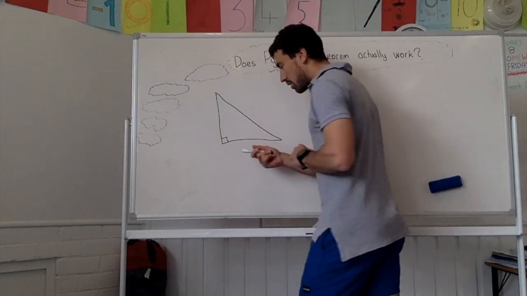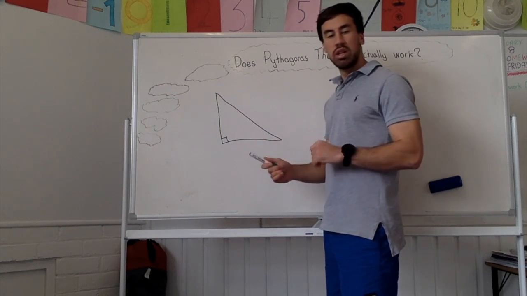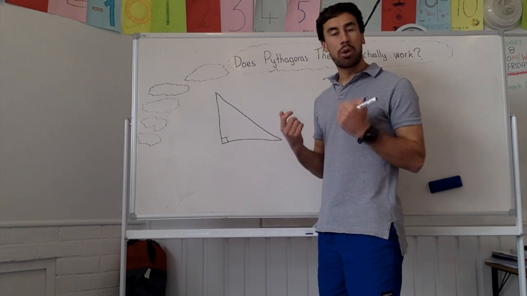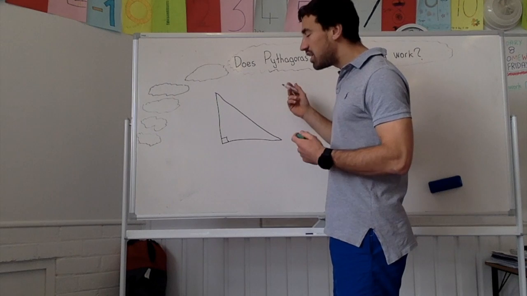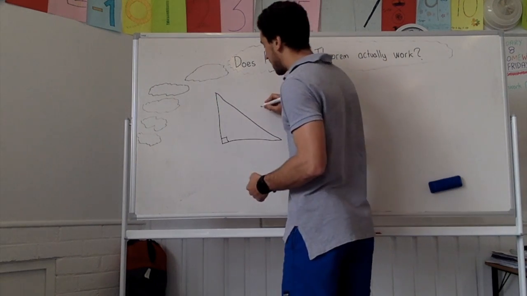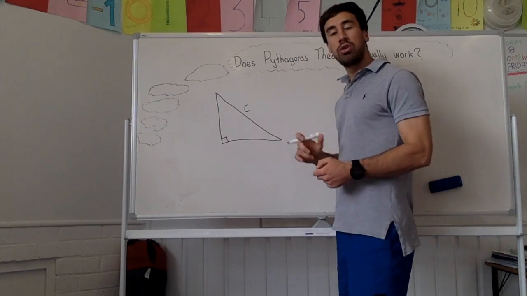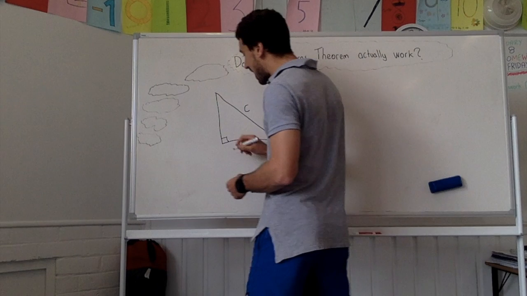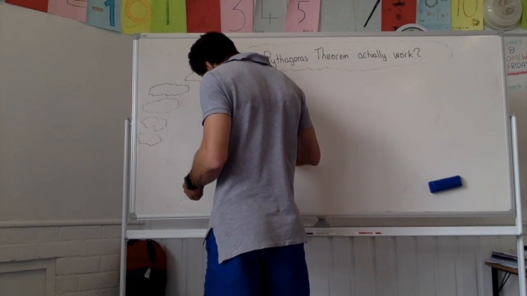The side opposite the right angle is going to be the longest side, and we call that the hypotenuse. So this is the hypotenuse, and for this case we're going to label that C. We're then going to label the other two sides A and B.